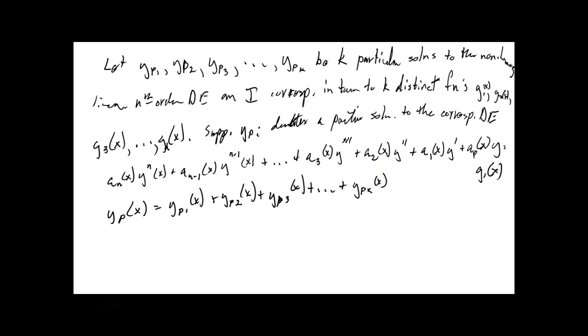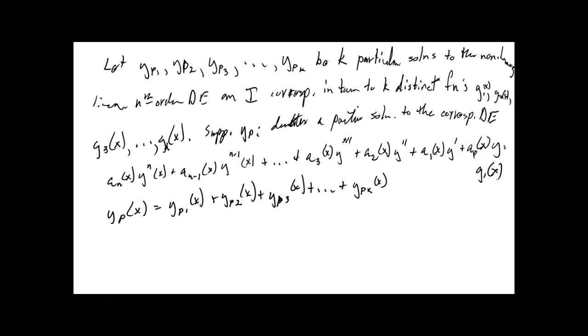For every g of x you have out there, it could have its own particular solution. So your overall particular solution will be not a linear combination, but just a superposition of those, with no arbitrary coefficients, just the sum of those other particular solutions.